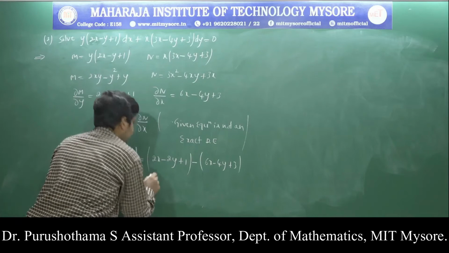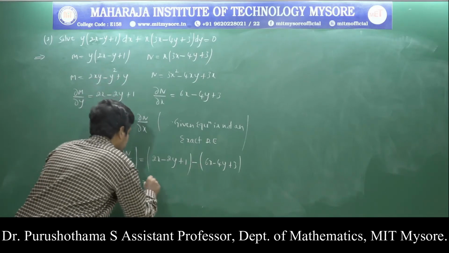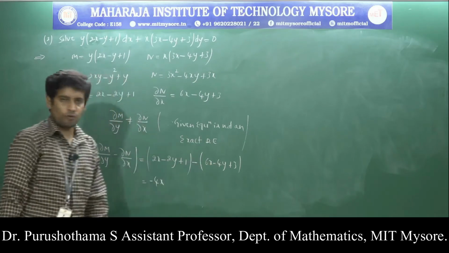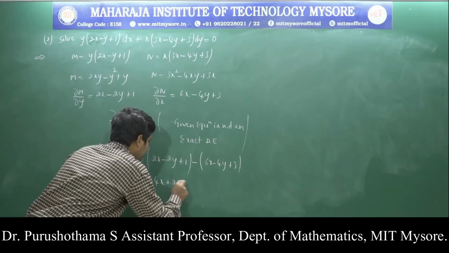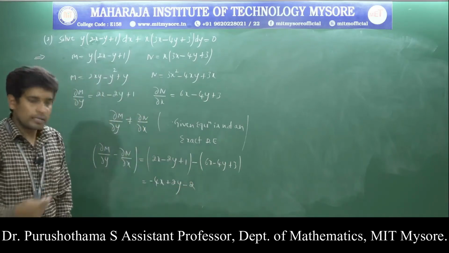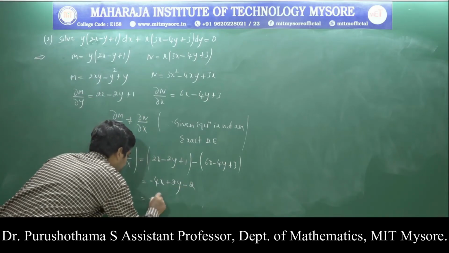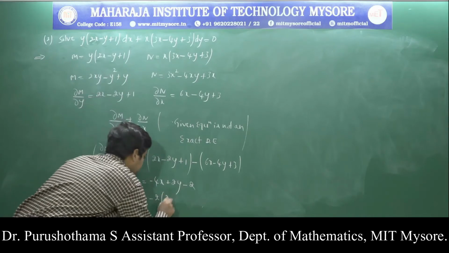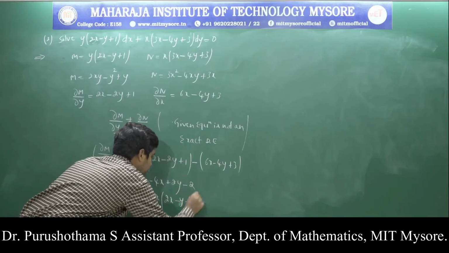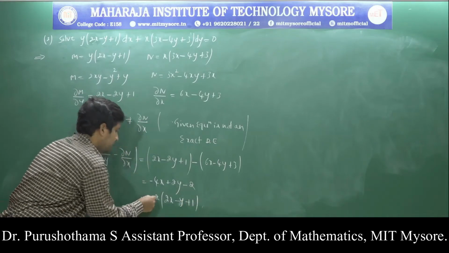That is 2x minus 6x, which is minus 4x, minus 2y plus 4y, which is plus 2y, plus 1 minus 3, which is minus 2. It can be written with minus 2 as a common factor, and the remaining part is 2x minus y plus 1. This is the difference value.